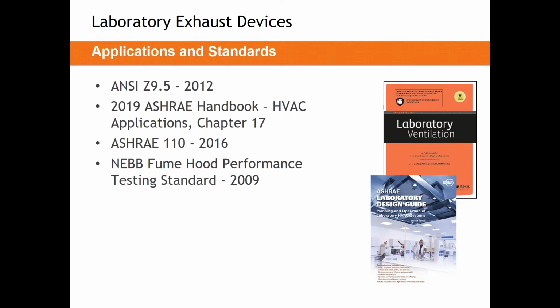If you'd like to know more than what we talk about here today about fume hoods and bio cabinets, these are great references. If you're looking for more information on how to test or work with a fume hood, the ASHRAE 110 standard is a very good reference. And similar to that is the NEB Fume Hood Performance Testing Standard. So those last two, number 110 and the NEB standard, are specific to fume hoods, not to snorkels or biological safety cabinets.